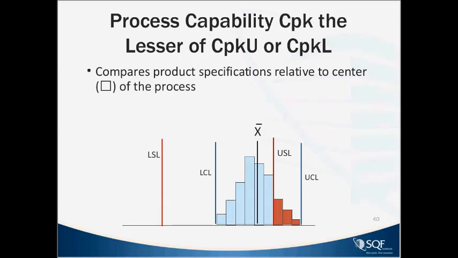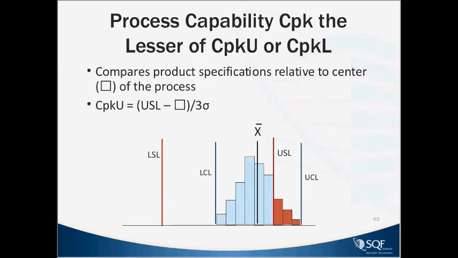It does compare them relative to the X bar in the process. Sorry, it looks like the PowerPoint is not showing up; the square is coming up blank. It should be an X bar in there. My apologies. Sometimes PowerPoint does that when we show it.